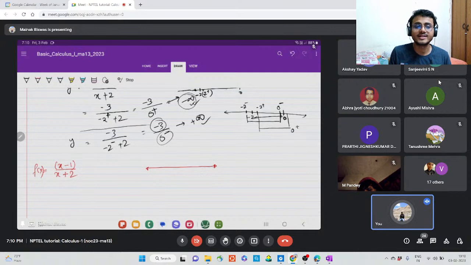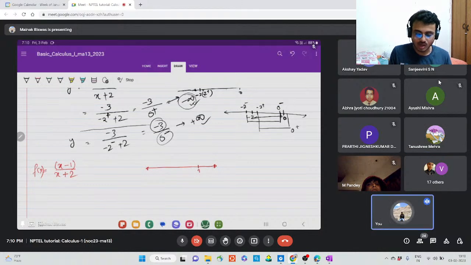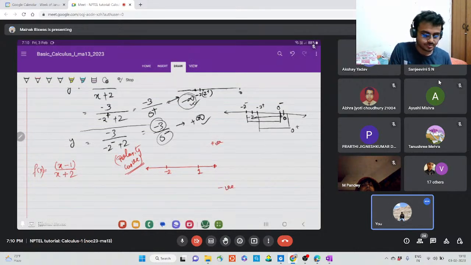What are the important points again? 1 and minus 2. Correct. So this is known as a polarity curve. This is not the shape of the curve, but it tells you on which side the function is positive or negative. So this side is positive and this side is negative.